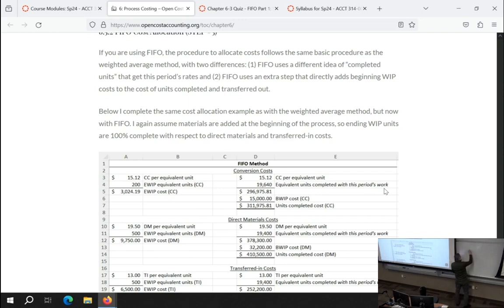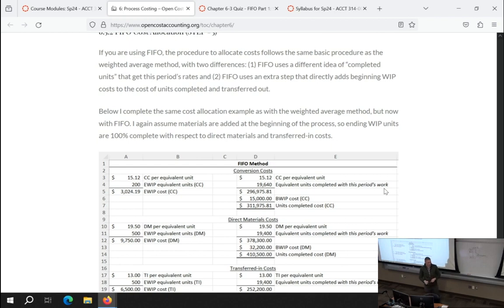Remember, the whole idea is to get the dollar amounts in beginning WIP and current period costs divvied up between ending WIP and units completed, and figure out how much goes to each one, right? And the rates help us do that.